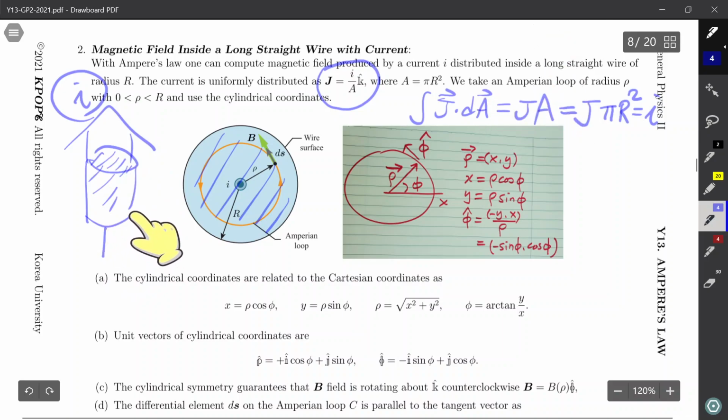And we assume that the radius of this wire is capital R.